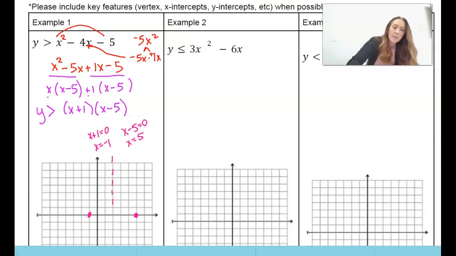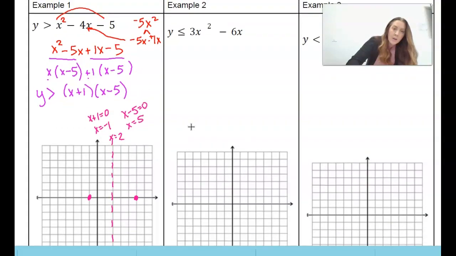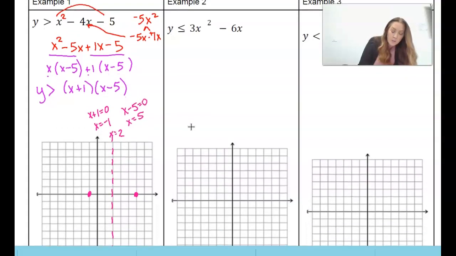I'm going to move this up a little bit. Okay. So that's at what? 1, 2. Okay, so x equals 2 is where my vertex is. So if I want to find y, I can go ahead and plug in 2 to either my purple equation or my original. I'll just use my original. So I get y, and we're going to make it equals for a second. So 2 squared minus 4 times 2 minus 5.